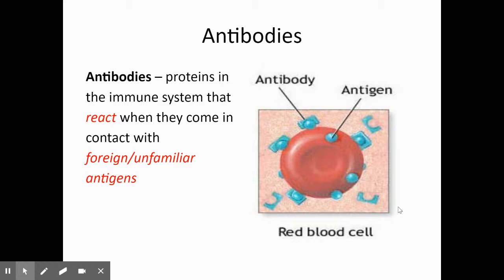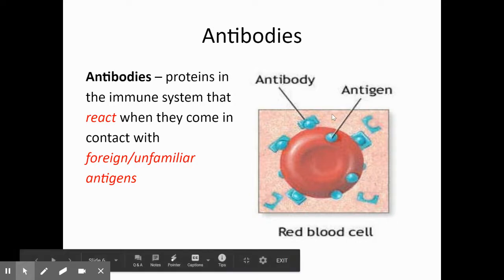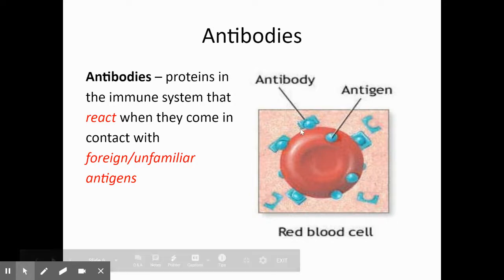So obviously you are born with your red blood cells having a specific antigen on them, but you also have antibodies as part of your immune system that will react with antigens on red blood cells that your body is not familiar with or does not recognize. All right, so we'll talk about how these two play together in a moment.